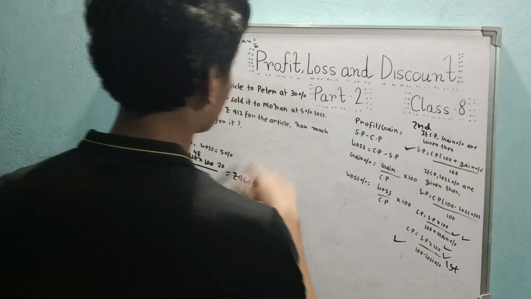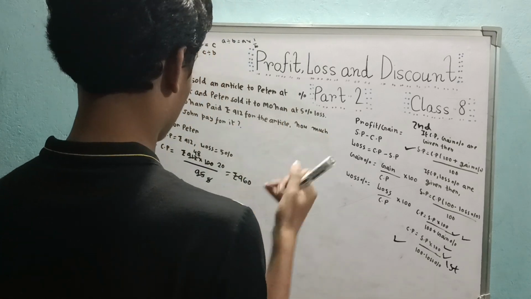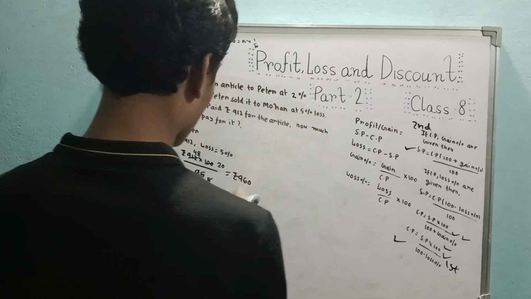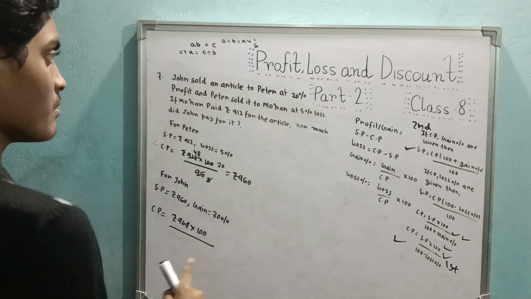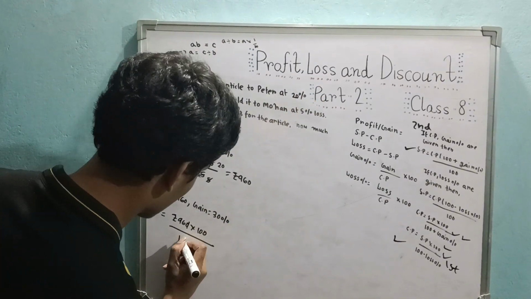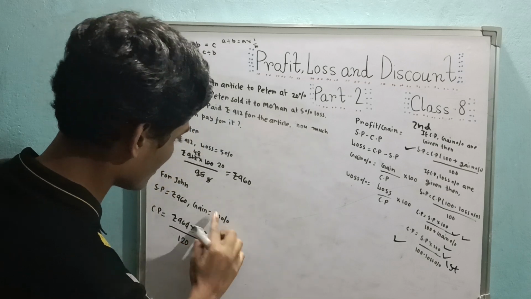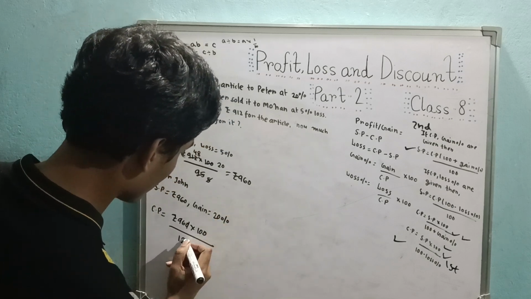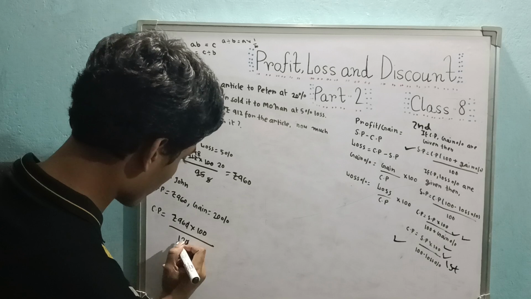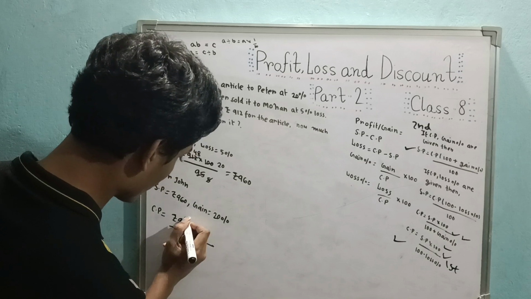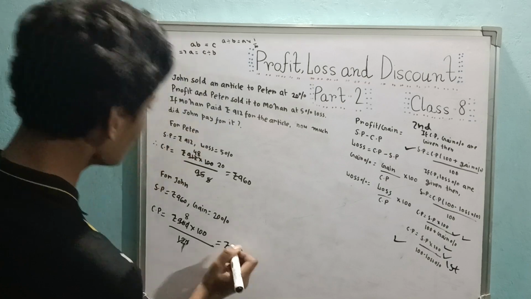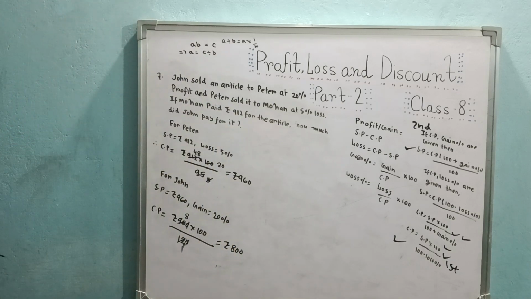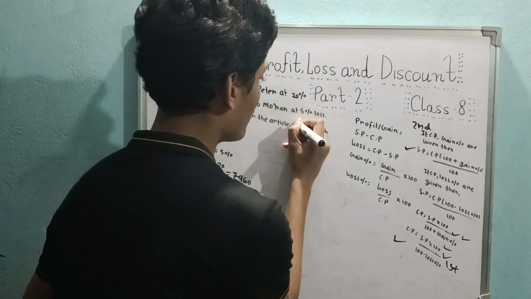Ah, it's 20. That's why it's crazy. Oh, not 30. Damn. So this is actually 100 plus gain percent, 100 plus 20, 120. 20, guys. Sorry. So now cancel this. Zeros out of the way. Divide by 12. 96 divided by 12, 8. Rupees 800. What we have been told to find. Sorry, I made a mistake.